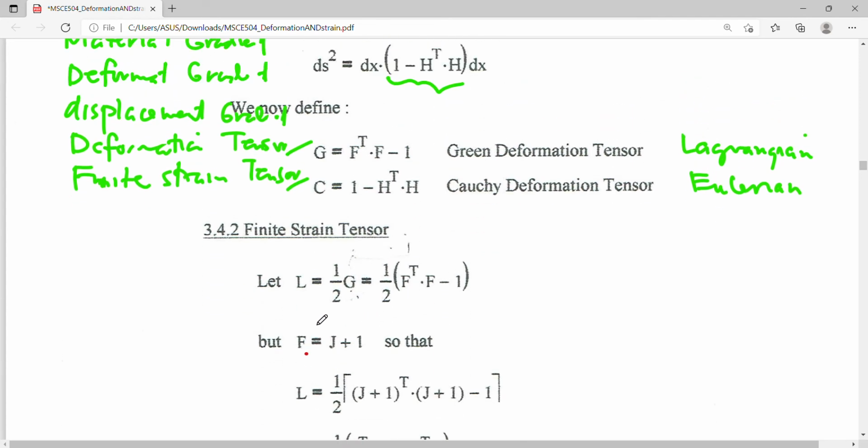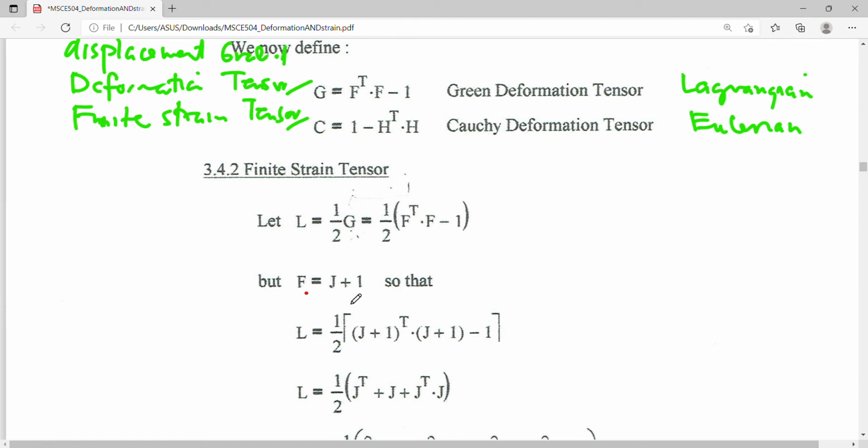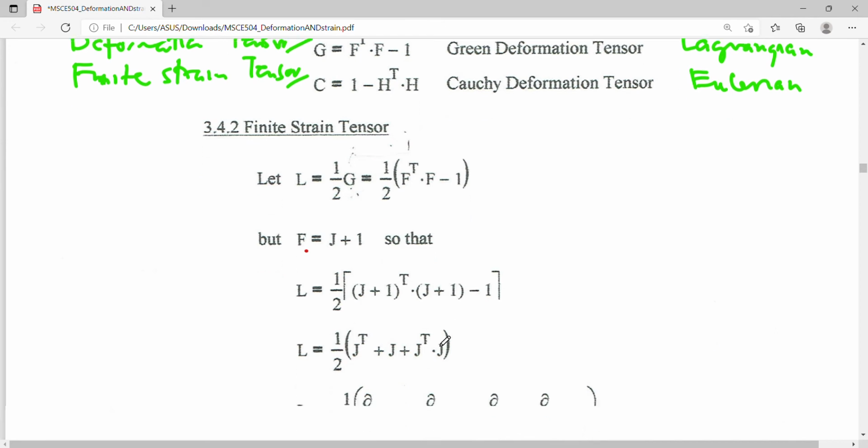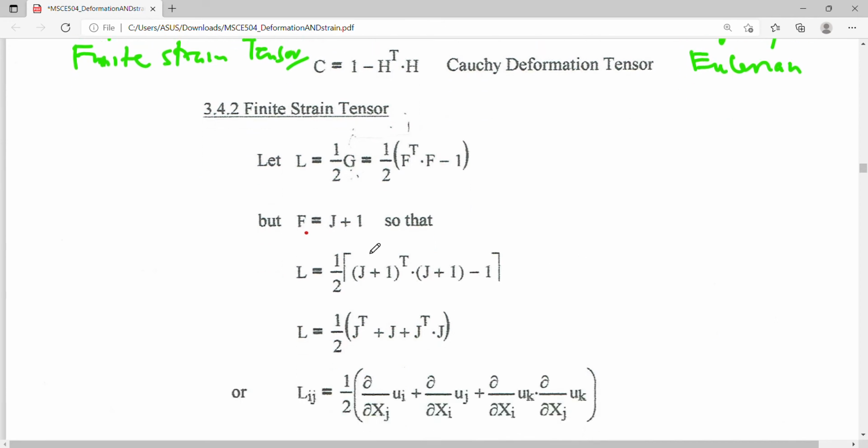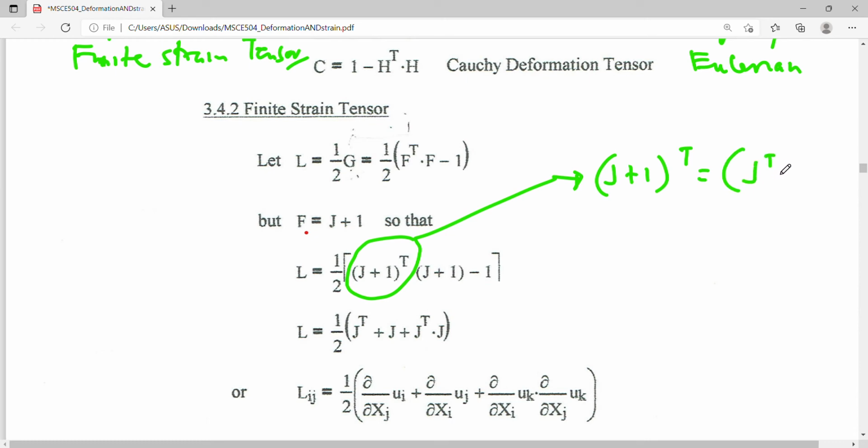Okay, for the finite strain tensor, all we need to do is to take 1/2 of the Green deformation tensor. So we get now, we know that F is J plus 1, so that this becomes 1/2 of J plus 1 transpose times J plus 1 minus 1. And we take note that in the property of a matrix, J plus 1, this is an identity matrix, is simply equivalent to J transpose plus 1.